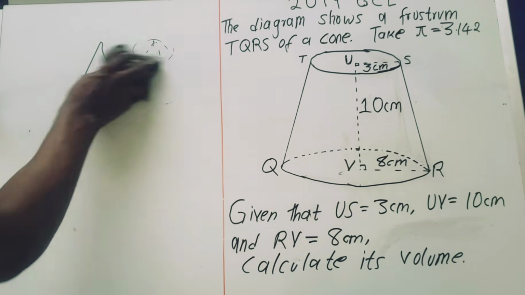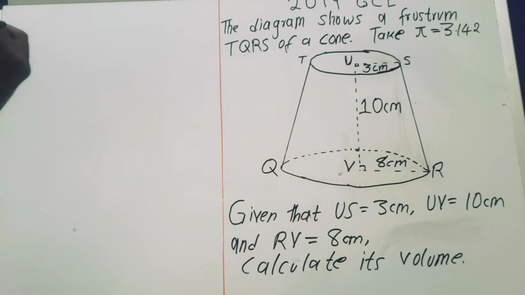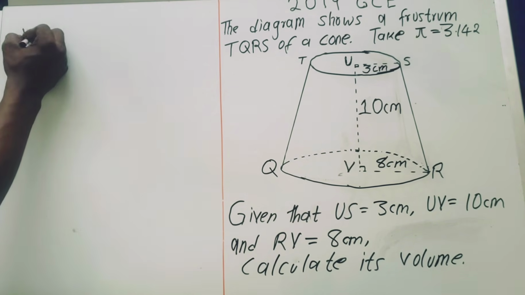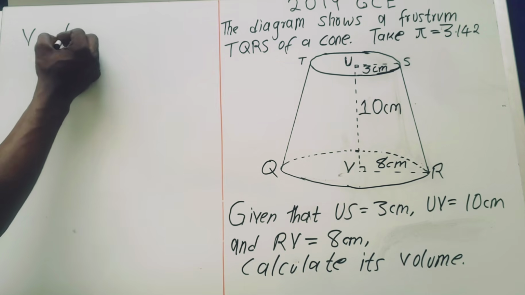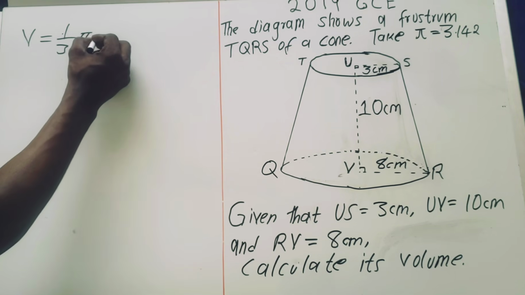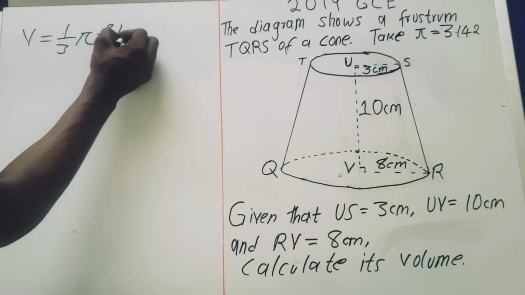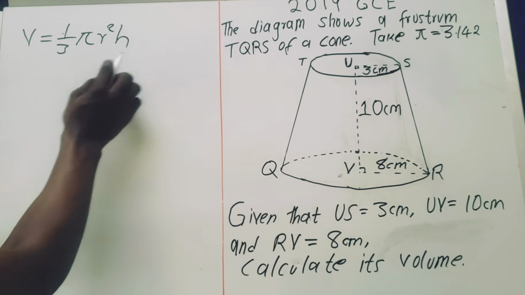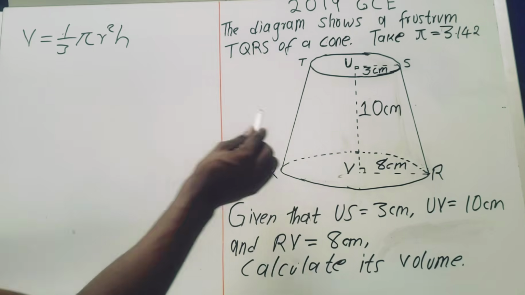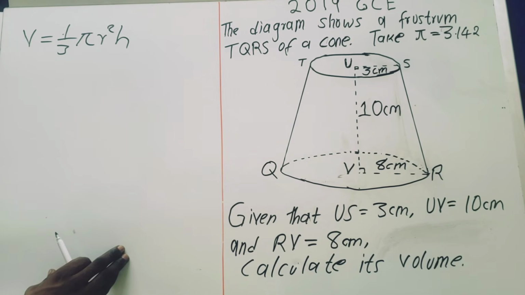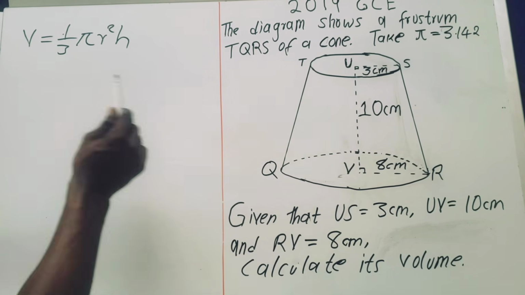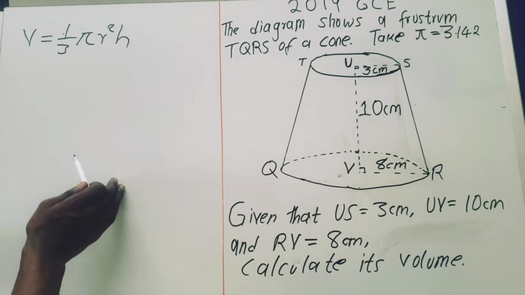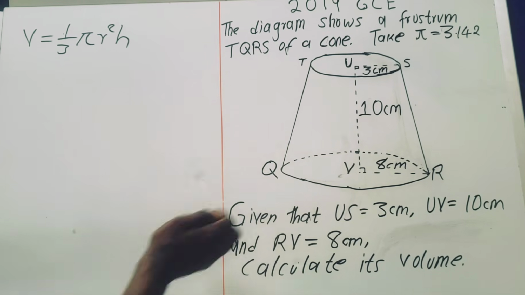The formula for this cone is volume equals 1/3 pi r squared h. We will use this to find the volume of the bigger cone before it was cut, then minus the volume of the smaller cone which was cut, and we'll remain with this volume.